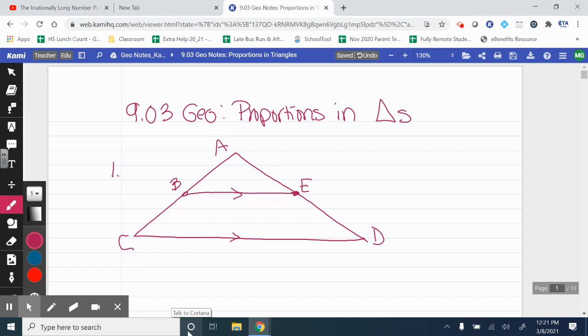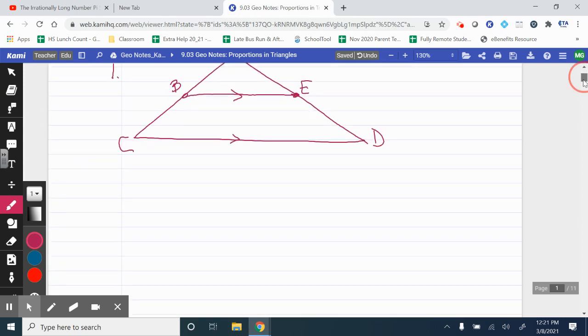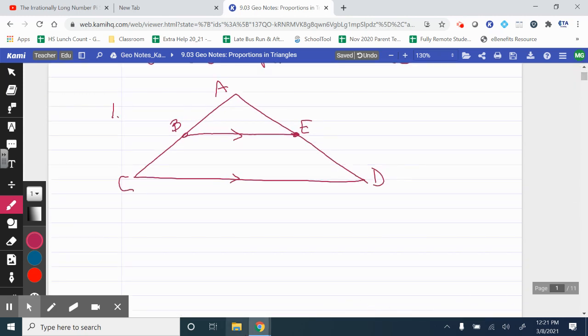And I want you to first name the similar triangles. So figure out which triangles are similar to each other. When you're doing that, we want to look at our parallel lines and find our corresponding angles. So if we look at our parallel lines here with this transversal, you can see we've got corresponding angles here.